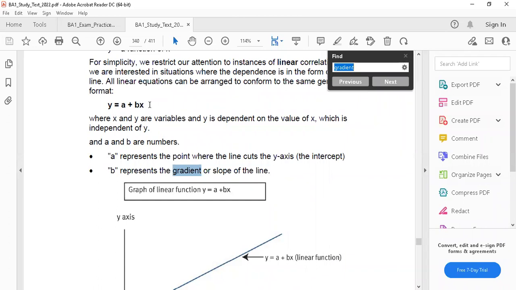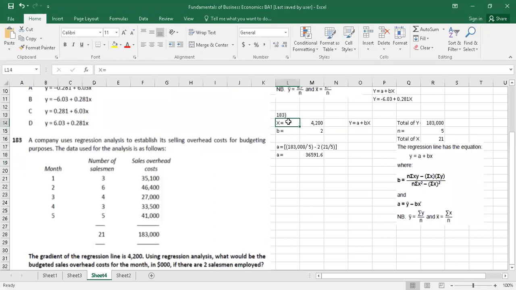The equation is y is equal to a plus bx. B represents the gradient. I just wrote it as x. I am really sorry about that. So b represents the gradient or the slope of the line. So on that note, let me correct it here. This is not x. This is b is equal to, instead of 2, it is 4,200.